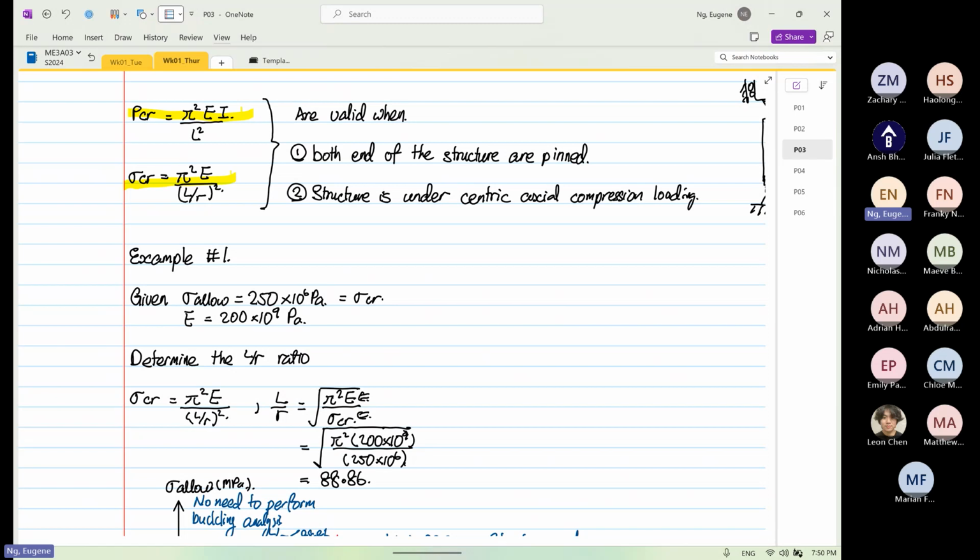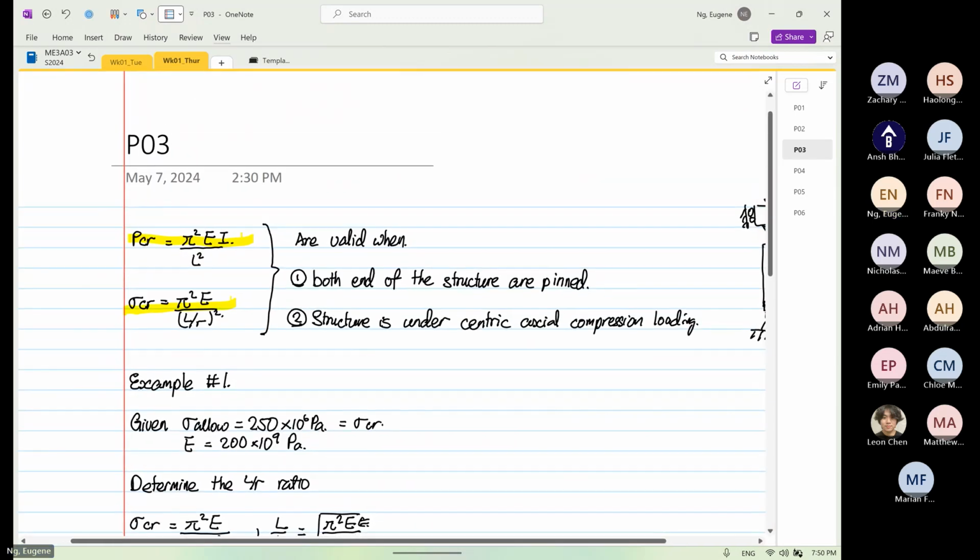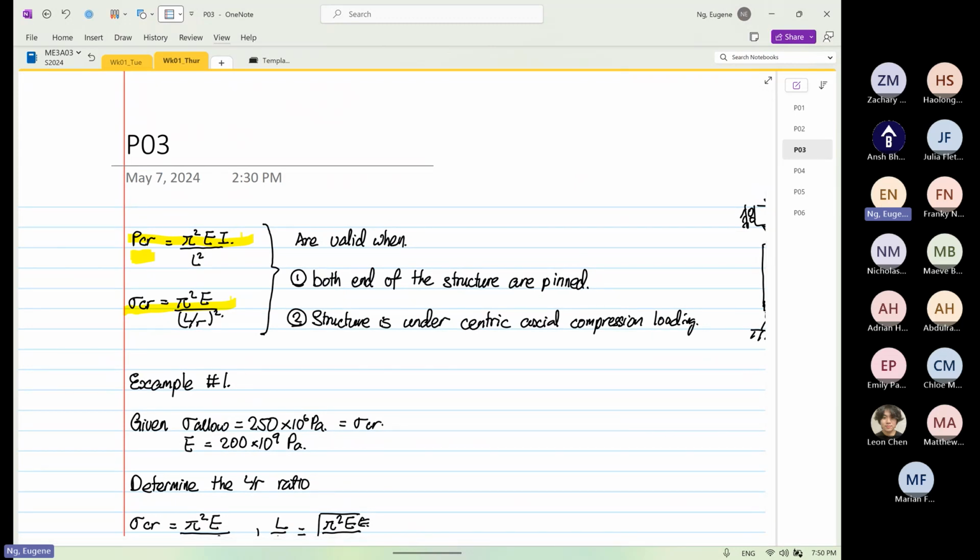So they will tell you, if I put 10 kilograms weight, will it buckle? If I put 50 kilograms, will it buckle? And the best answer is based on the critical load.